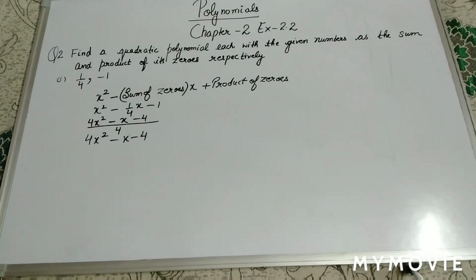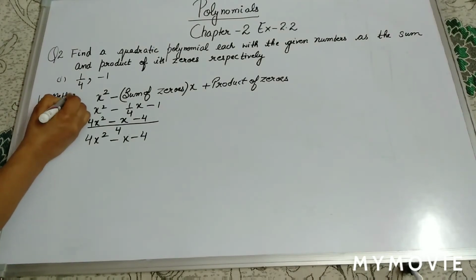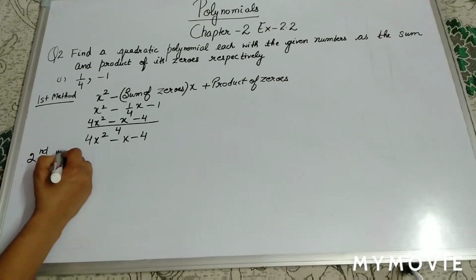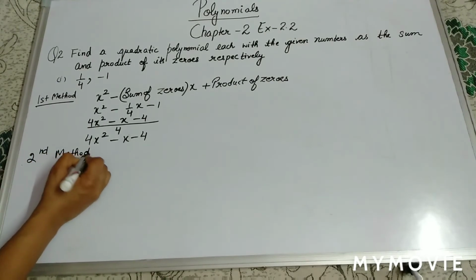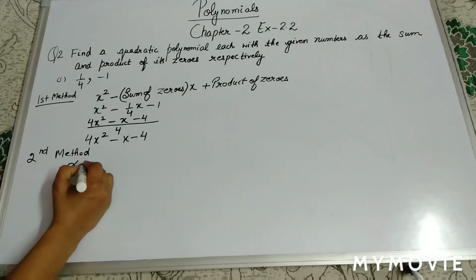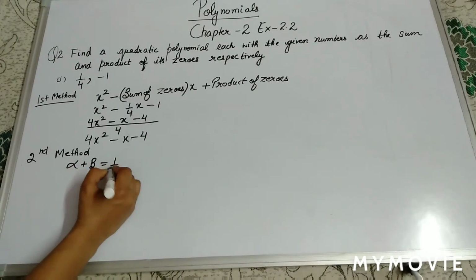And there is one more method. This is the first method. There is a second method also for finding the quadratic equation. Now see, you have the sum of zeros given and the product of zeros given. The sum of zeros is alpha plus beta, which is equal to 1 by 4.